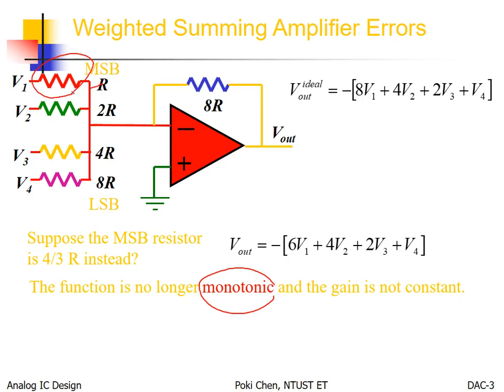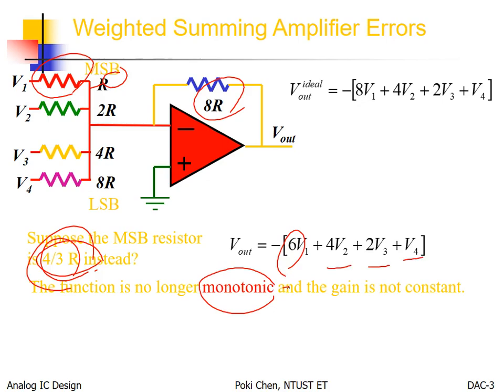After fabrication, it is not R. Instead, it is a little bit larger. That is the usual case. Larger or smaller, but definitely it is not R. So for example, after fabrication, R here becomes a little bit larger. But if you divide 8R by this, you only get 6. Oh, it's really upsetting.